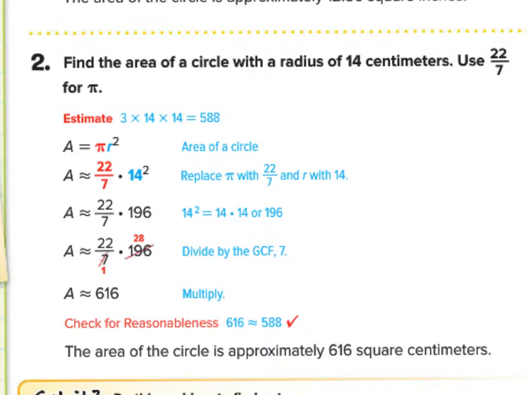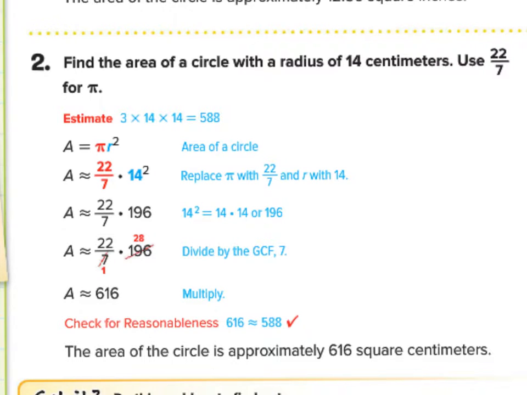Now let's take a look at example 2, where we have a multiple of 7. And remember, whenever we're working with a circle and multiples of 7, we can use 22 over 7 as our pi. And you can see here that if 14 is our radius, we're multiplying 14 times 14, then times 3. That's to get our estimate, and it should be around 588.